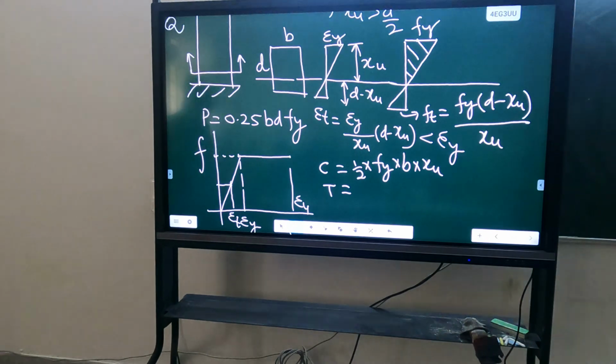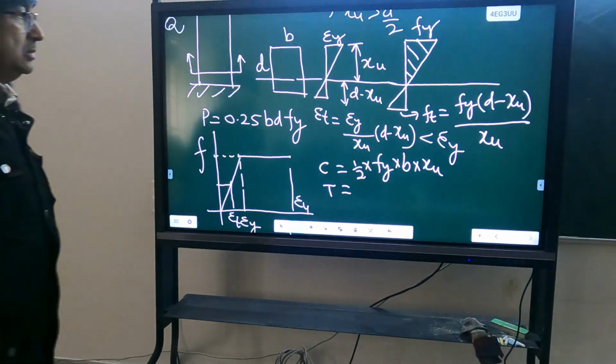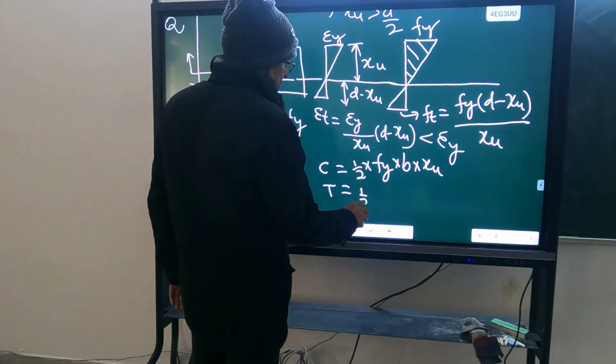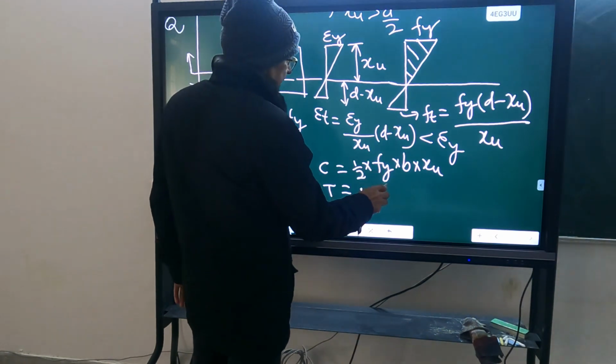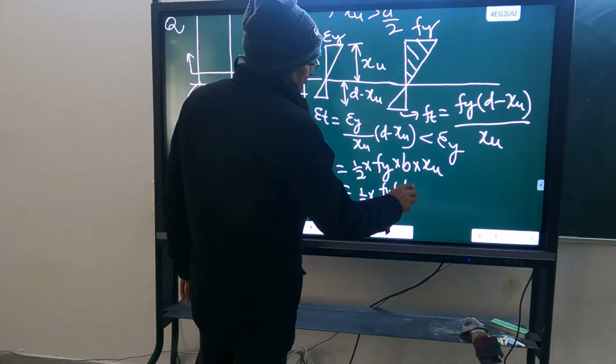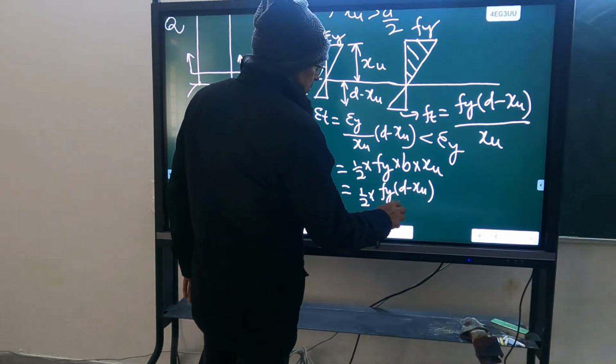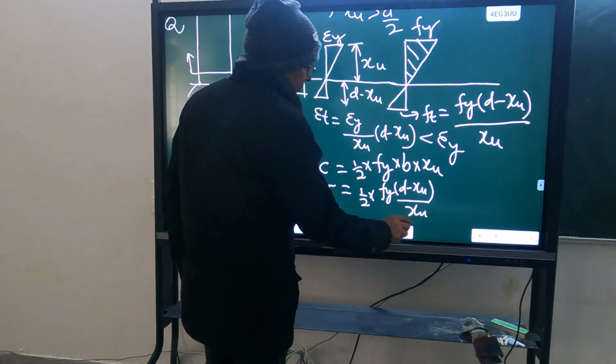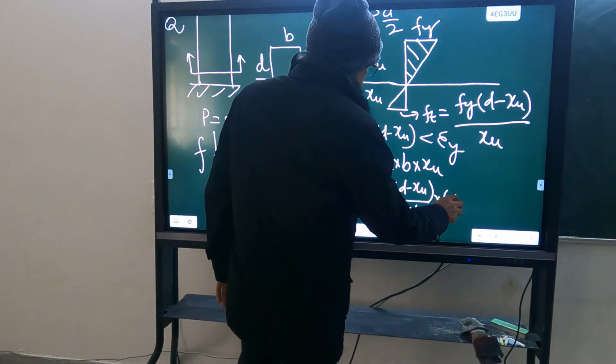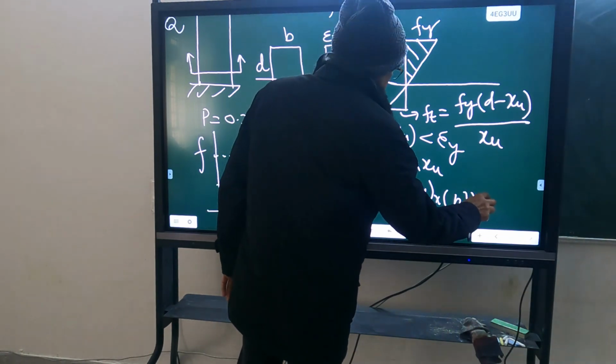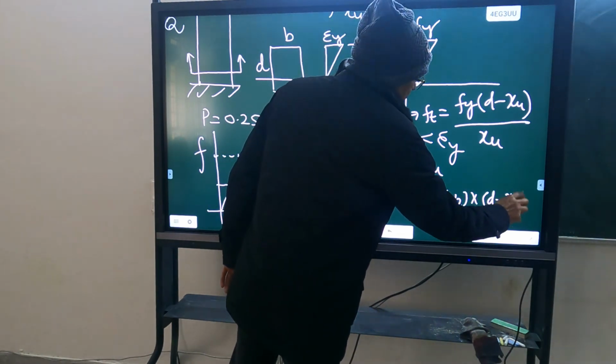Agreed? And how much will be T? 1/2 into Fy (d minus xu over xu) into B into (d minus xu).